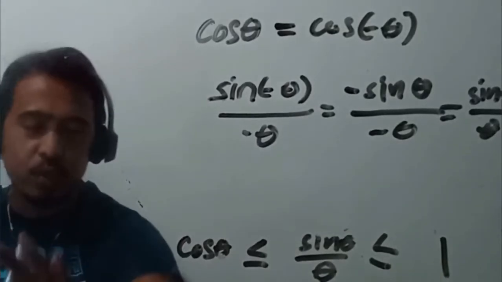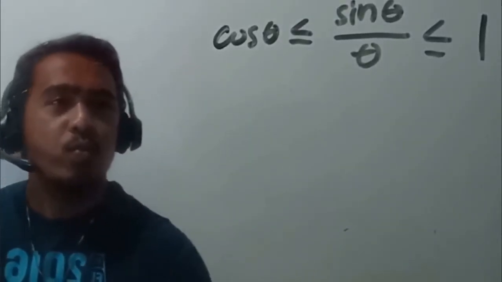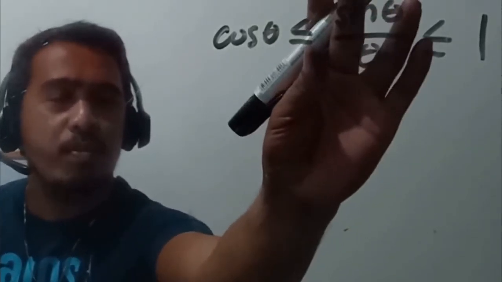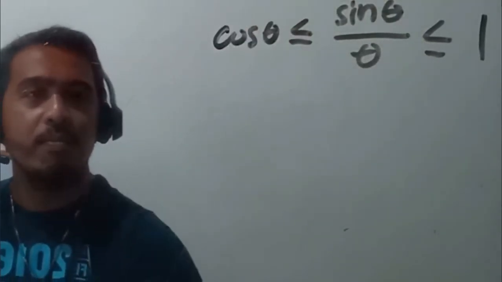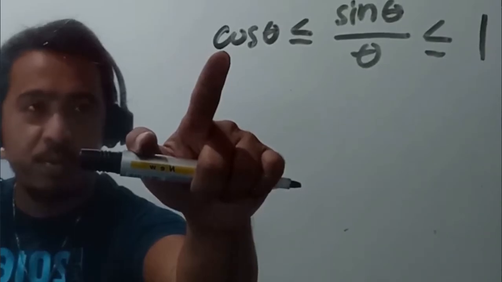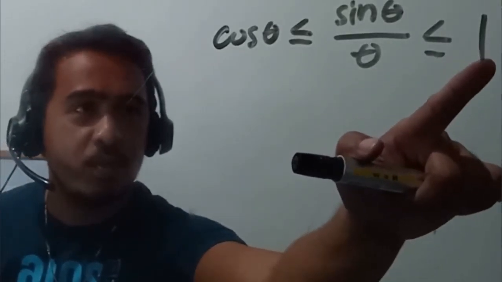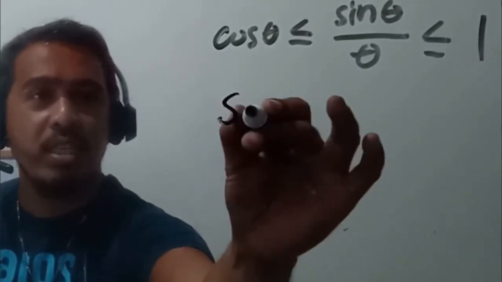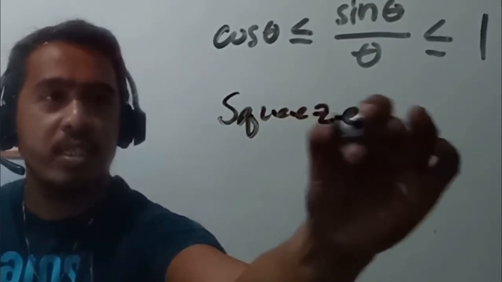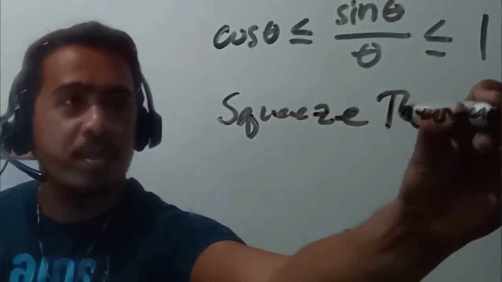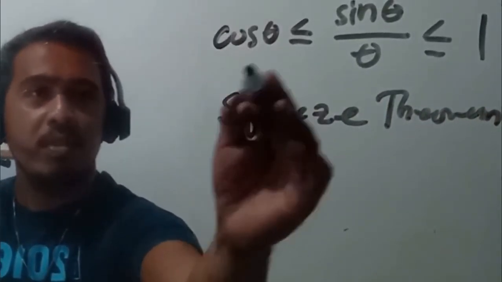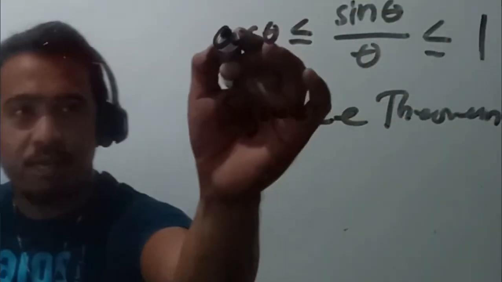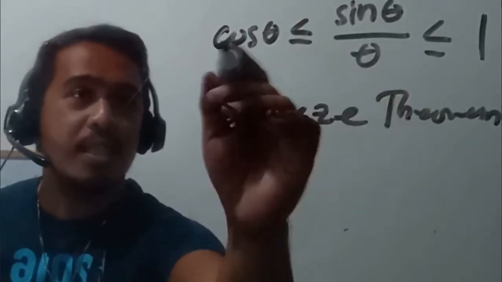Now, after that, since we are looking for the limit of sine theta over theta as theta approaches 0, it means we will get the limit of cosine theta as theta approaches 0 and the limit of 1 as theta approaches 0, because the squeeze theorem states that if the limit of this is any value and the limit of this is the same as that value here, then the limit of this is the same as their limit.